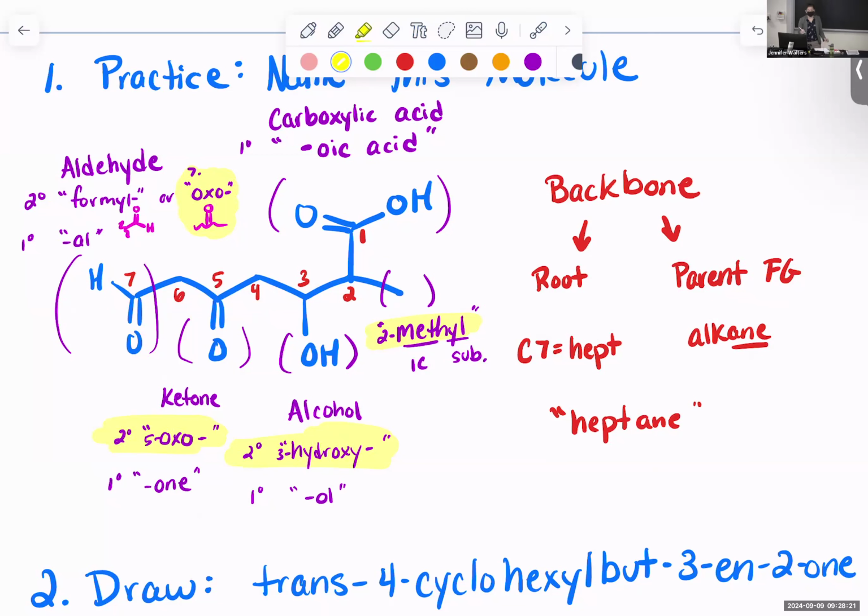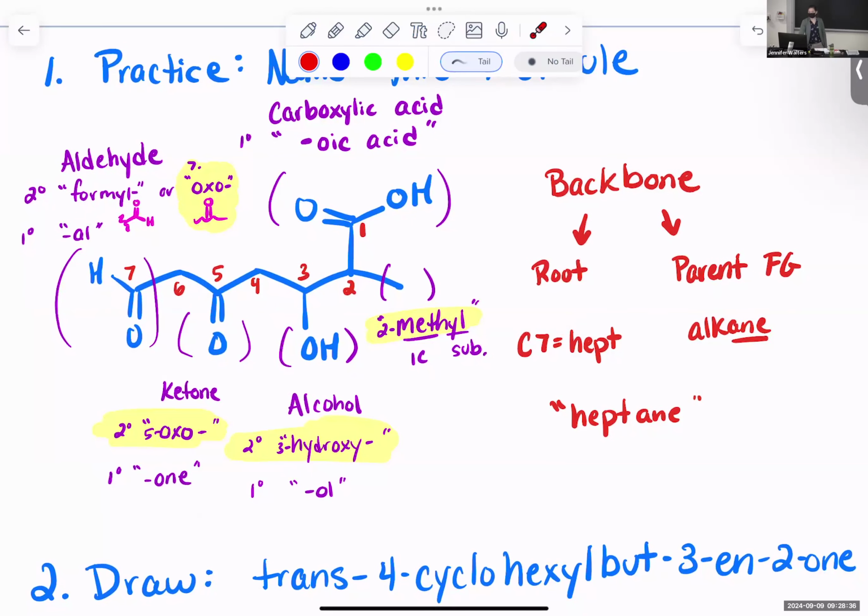Alphabetical order. The number stays with the thing that it's describing the location of. So we're going to compare our methyl M, hydroxy H, and O of oxo. So what comes first alphabetically?